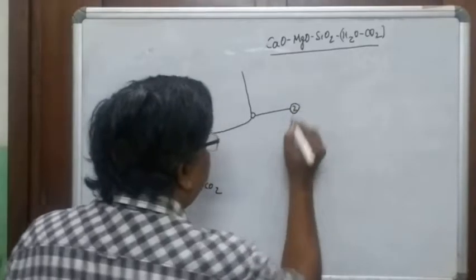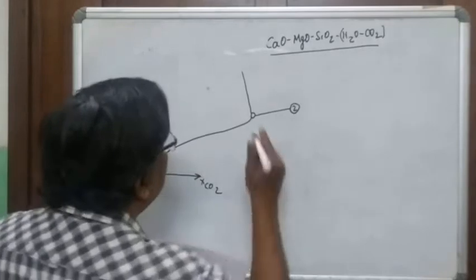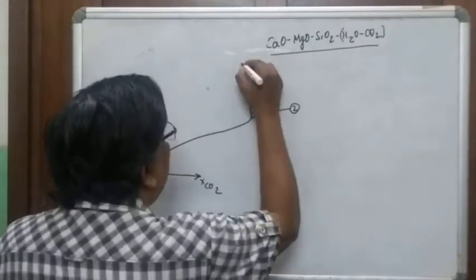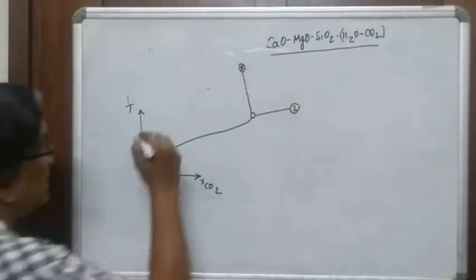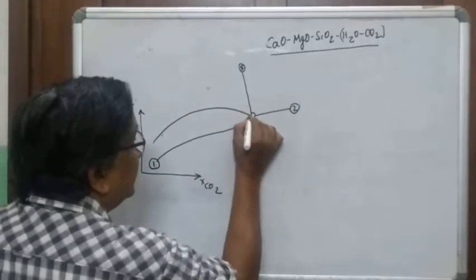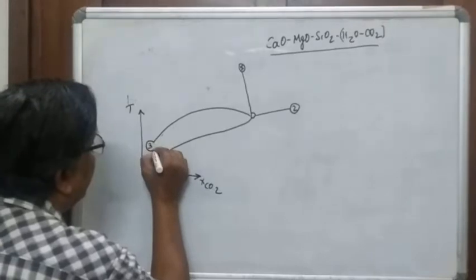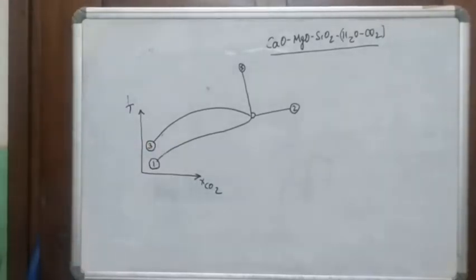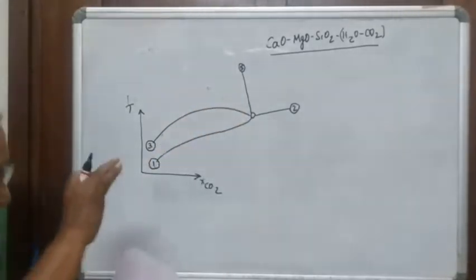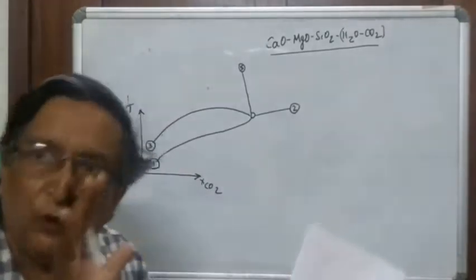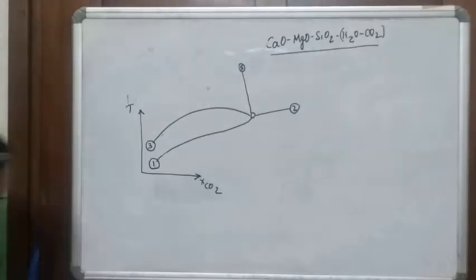This is 2. And this one here is 5. And then there was another reaction here. And this reaction was 3. This was the phase diagram. This was 1, 2, 3, and 5. This is the lower part of the phase diagram that I drew before. And we will be able to see a lot of things when we are discussing this.